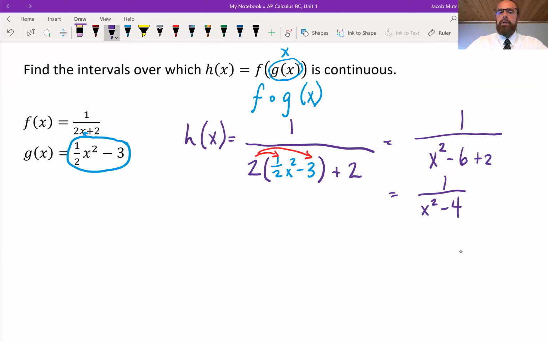So we don't have instructions to graph this one. I do want to make a sketch though, because that's going to help me write these intervals over which h of x is continuous. So it's a rational function. I'm going to factor the denominator. So it's 1 over x plus 2 times x minus 2.